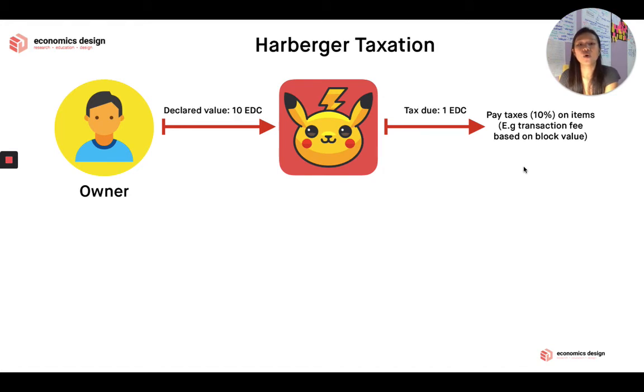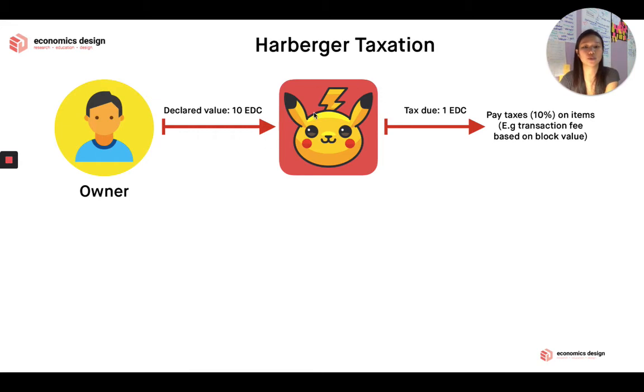Harberger taxation is a self-declaration of the price of the item, and then you pay taxes on that. Let's say I'm using a random coin called the Economics Design Coin, EDC. It can be anything.